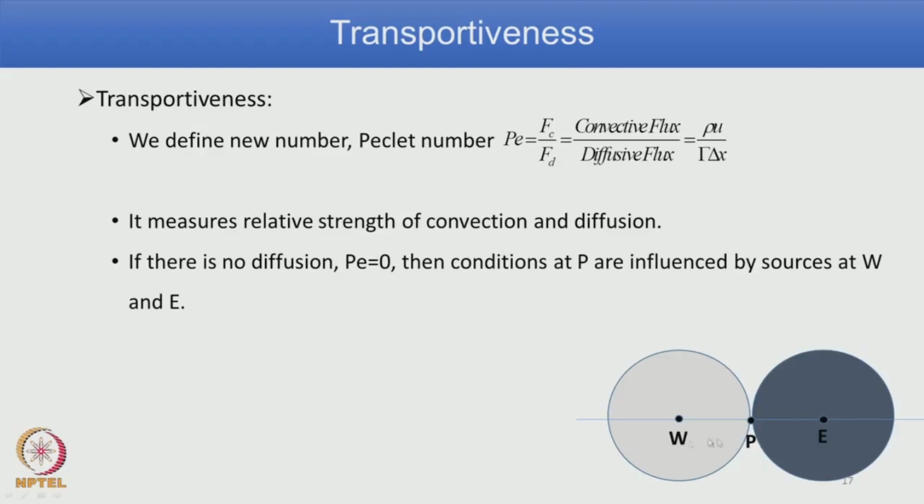If there is no diffusion, then the variable value at P, or the flux at P, is influenced equally by W and E, that is, with equal weightage. Now, this is the direction of the flow.